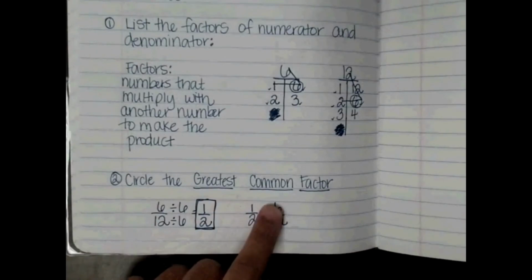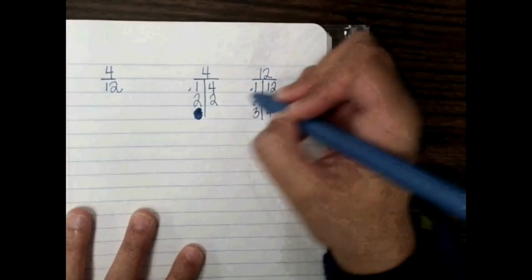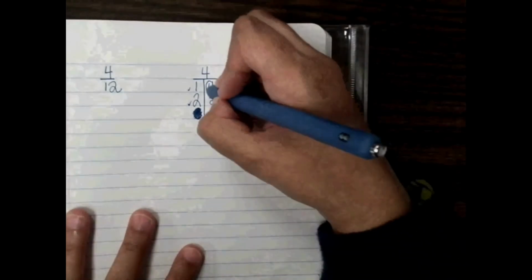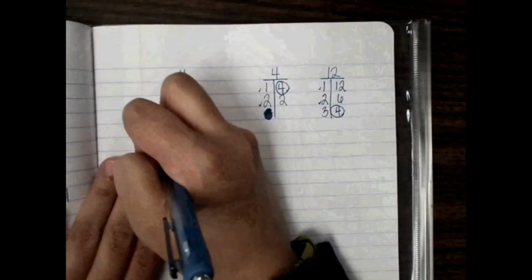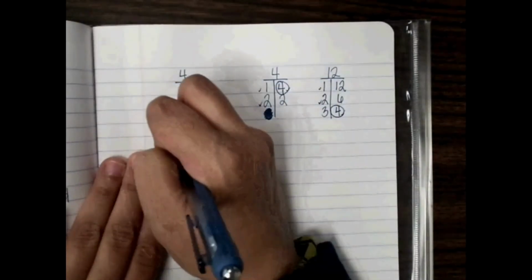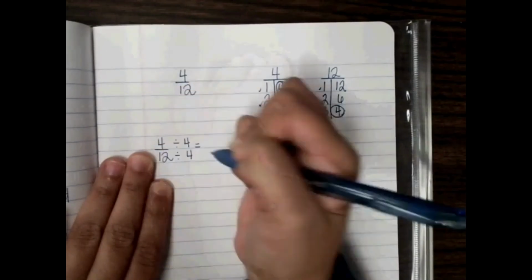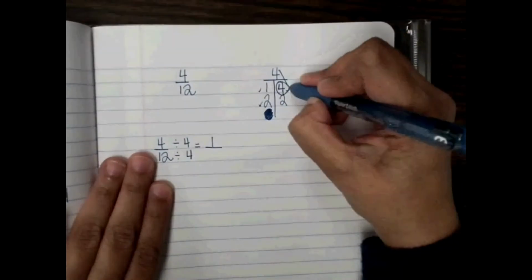And so now the next step is circle the greatest common factor. So they both have 1 in common, they both have 2 in common, they both have 4 in common. So 4 is my greatest number. So now I'm going to write 4/12 divided by 4. 4 divided by 4 is 1.